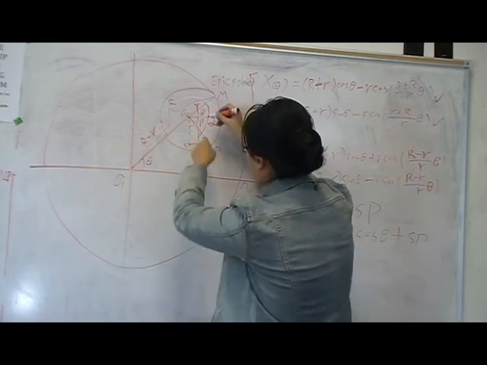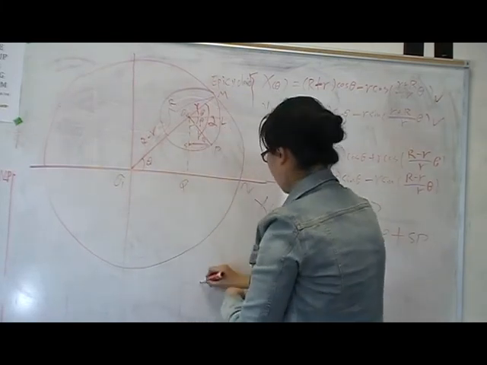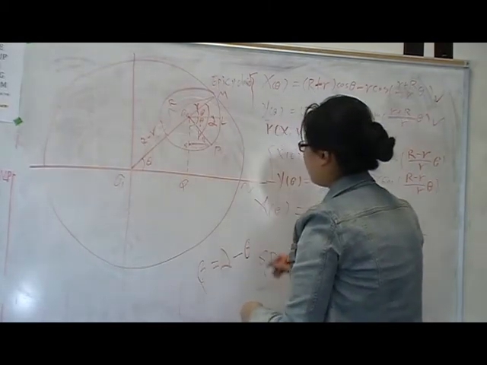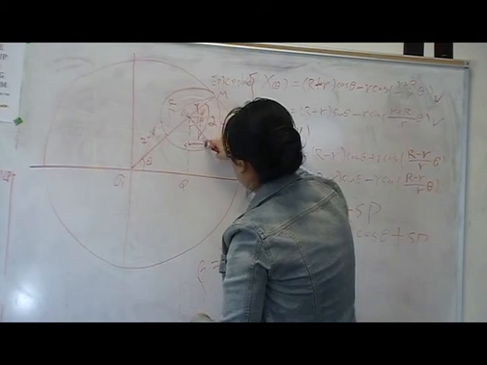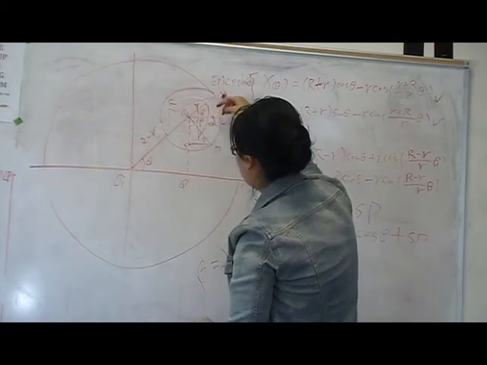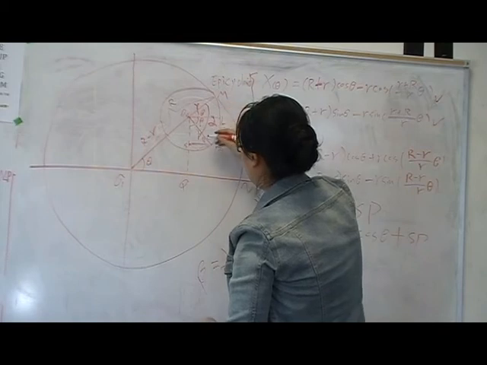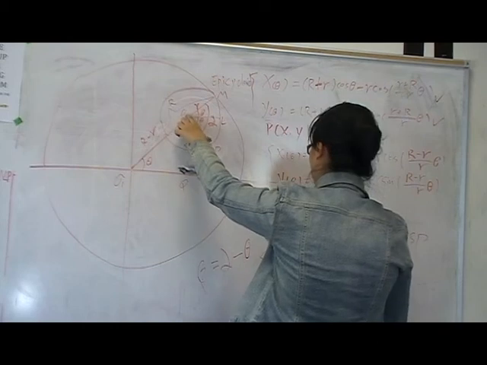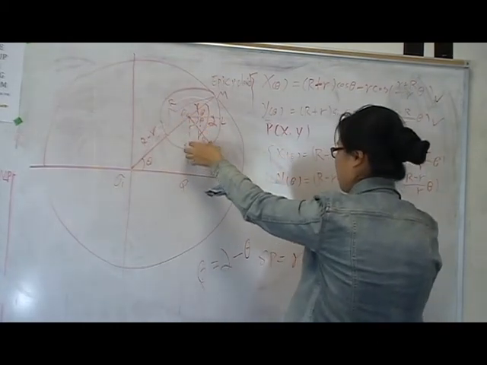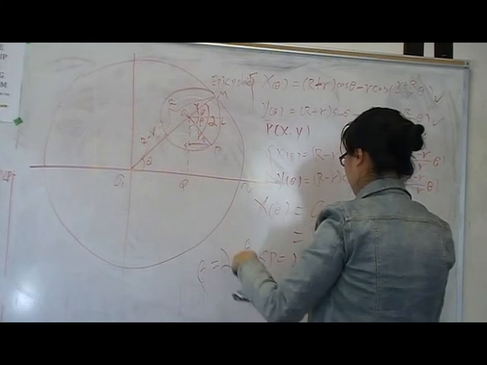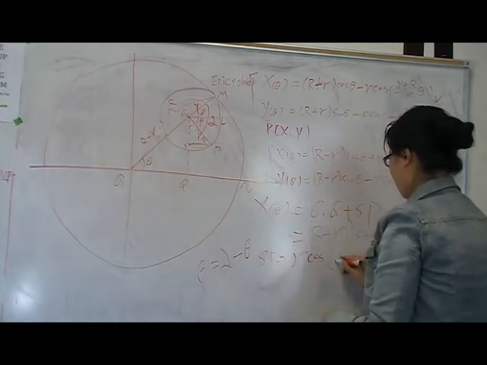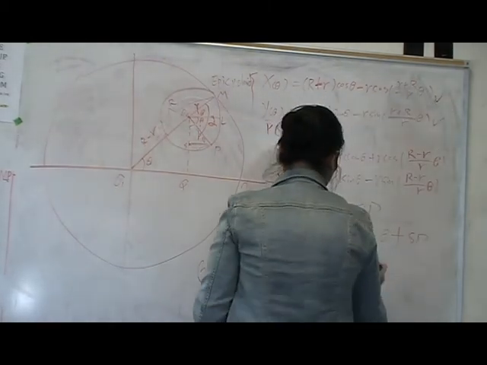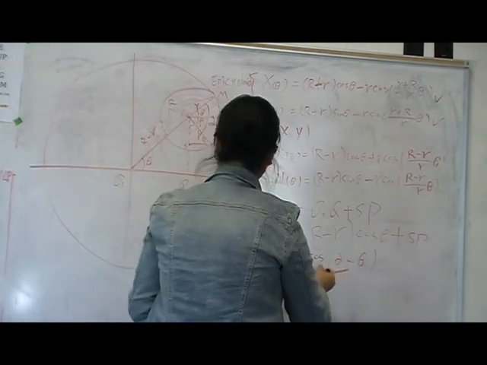So that makes this beta equal to alpha minus theta. And we know this angle is also beta because these two lines are parallel. So SP equals small radius r times cosine beta, which is alpha minus theta. Okay. So same, we try to figure out alpha.